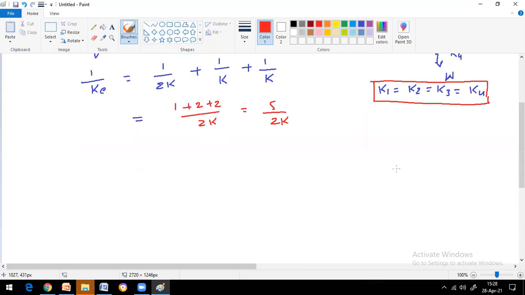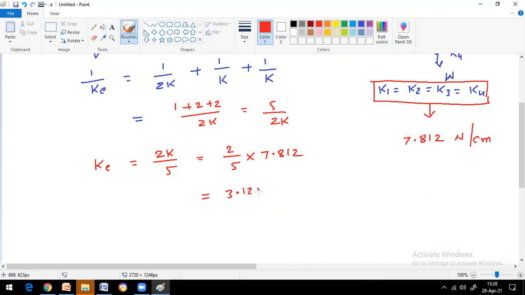Finally, KE is equal to 2K by 5, and 2 by 5 times of what is K? This value we just calculated as 7.812 Newton per centimeter, so KE is 3.125 Newton per centimeter.